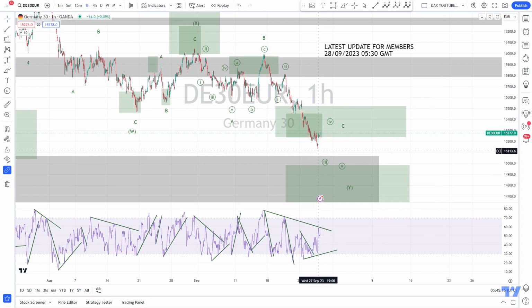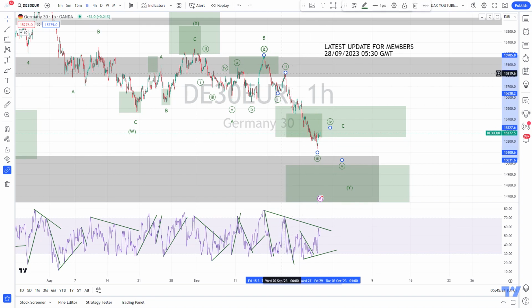So let's say that the wave three low was in here. So we have this extended wave three, and now a wave four might be happening here, like a corrective structure up.